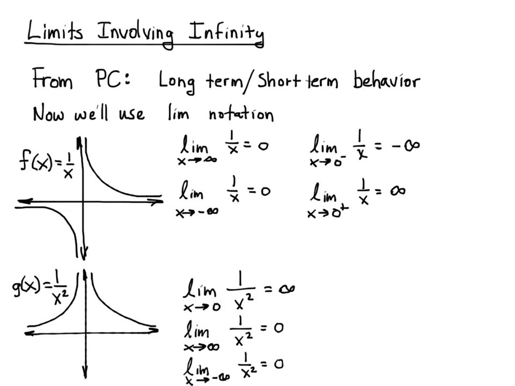And of course, the other limits are the same as they are with the previous one. As x goes to infinity, 1 over x squared goes to 0. And as x goes to negative infinity, 1 over x squared goes to 0 as well. And so with those 7 limit statements, we describe the short and the long-term behavior of these two toolkit functions.